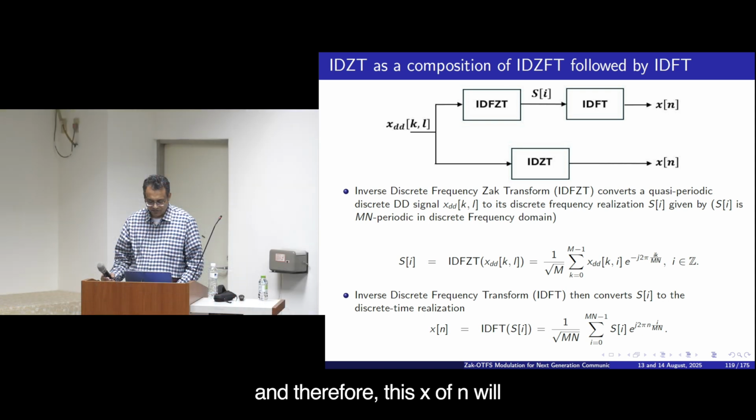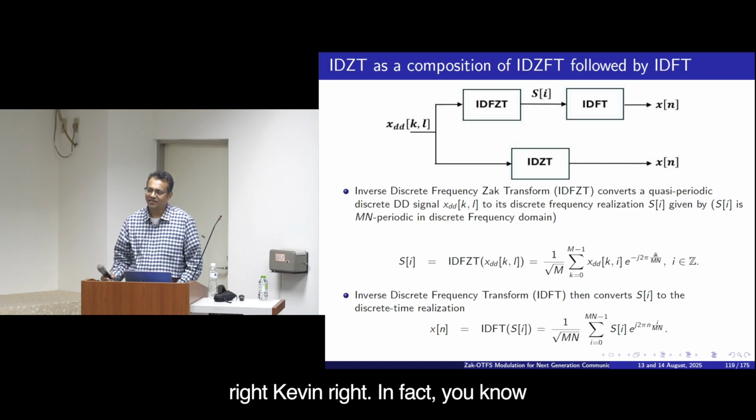And therefore this X of n will also be periodic: if you do X of n plus MN, you will see that it will exactly be equal to X of n, right? Right, Kevin?